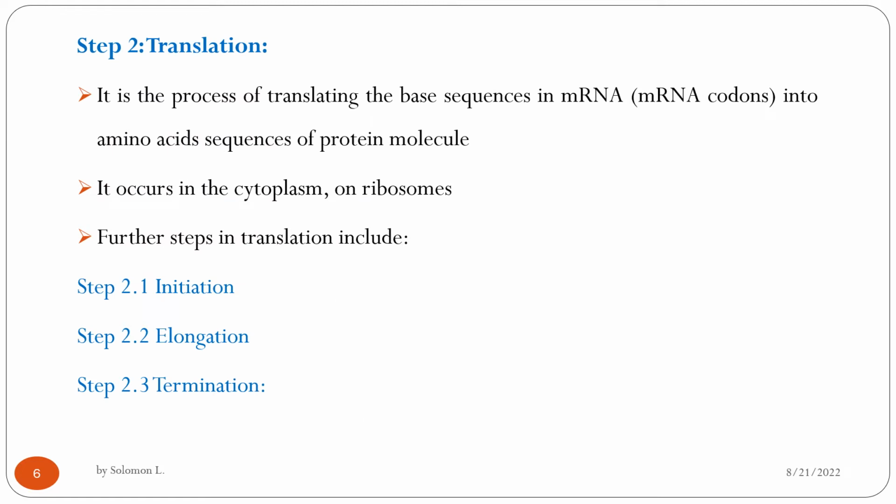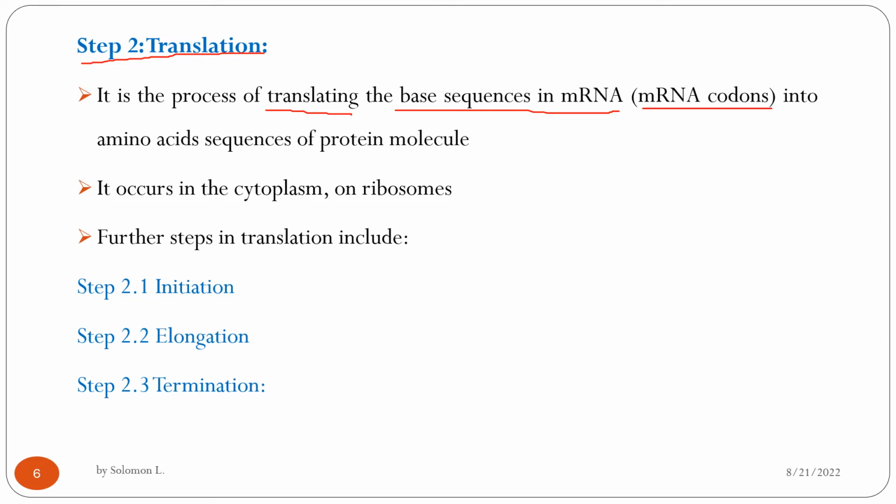The second step of protein synthesis is translation. Translation is the process of translating the base sequences in messenger RNA. These base sequences in messenger RNA are also known as messenger RNA codons.